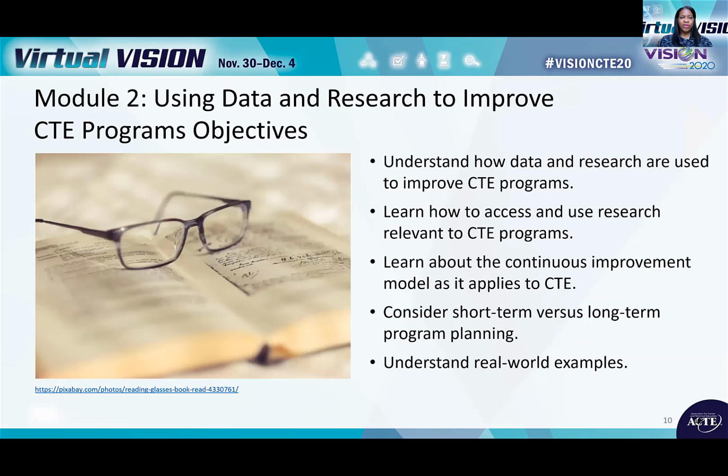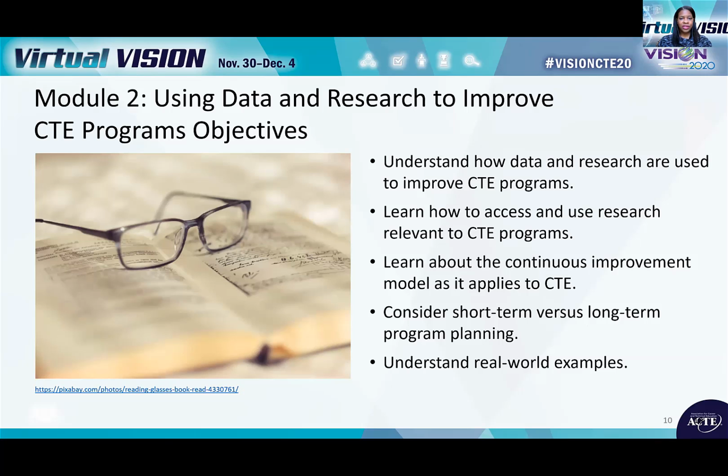And then we move to Module 2, which I shared earlier we're going to take a deeper dive into. But with this module on using data and research to improve CTE program objectives, you'll have a better understanding of how data and research can be used to improve programs and how to access this information.